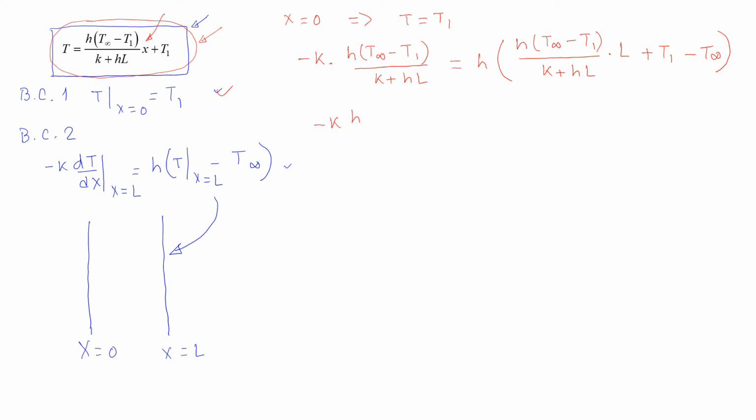So this side, I leave it as is, k plus hL. And on this side, I get h times, if I factor out (T infinity minus T1), then I get hL over (k plus hL).